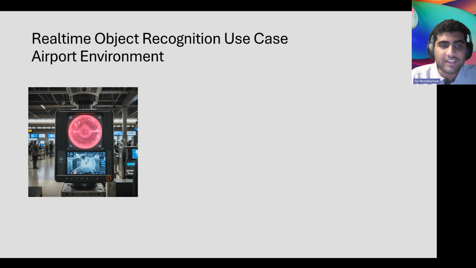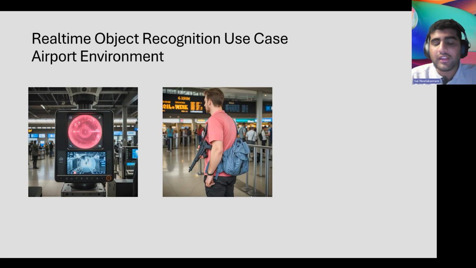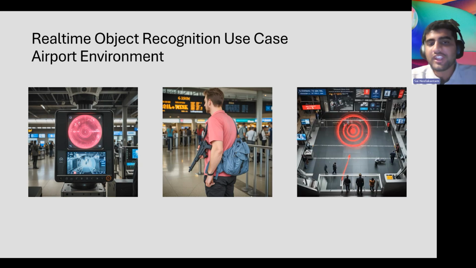It should be able to track or detect those objects and give the security council the real-time location of that particular object or the person carrying it, also in a geospatial environment.